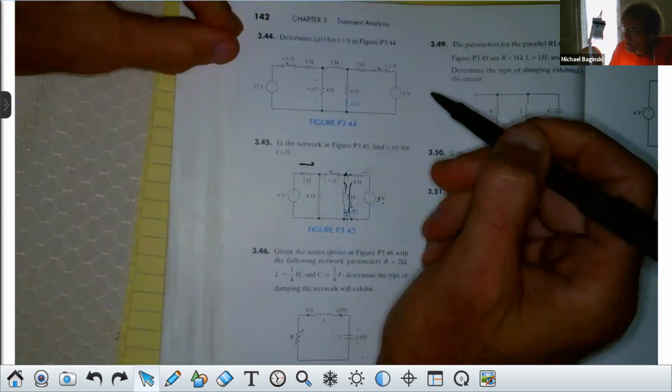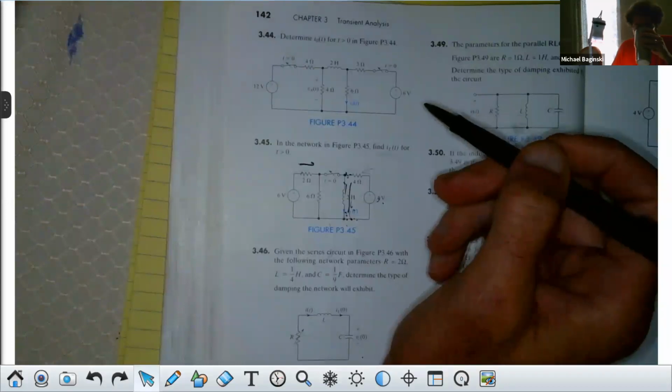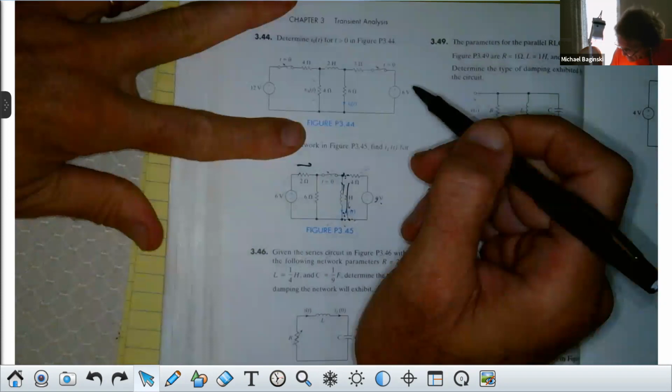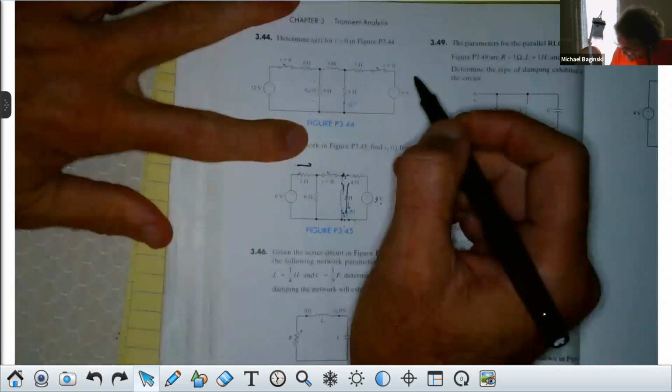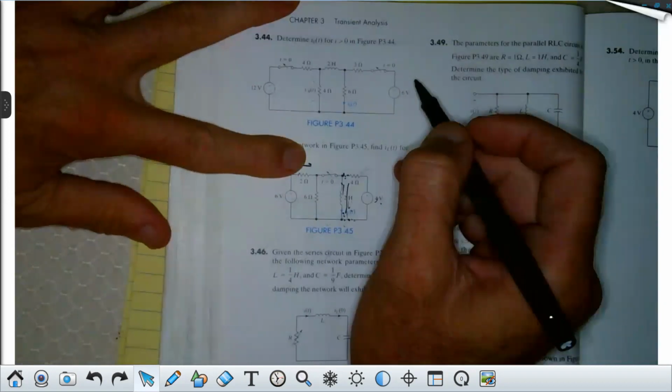Now, I'm going to start for t less than 0. I want everybody to take a look at this for the discussion. For t less than 0, nothing changes with time, right? You agree? That means this is a short circuit.